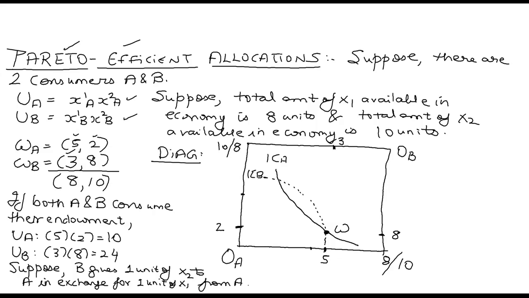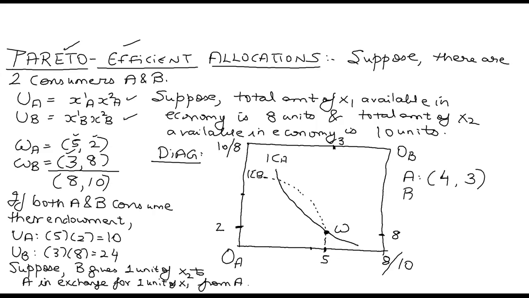So now I ask you, what will my new utility be? So first of all, what will be my new allocation? A will now have how much? A has 5,2. A gets 1 unit here, but then A gives 1 unit here to B. So it's going to be 4,3.